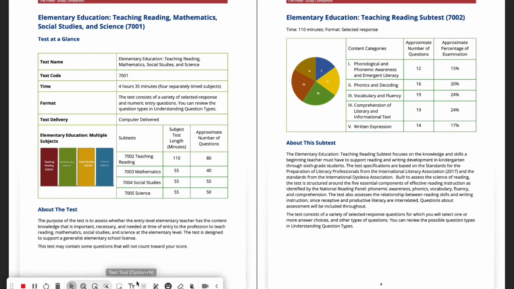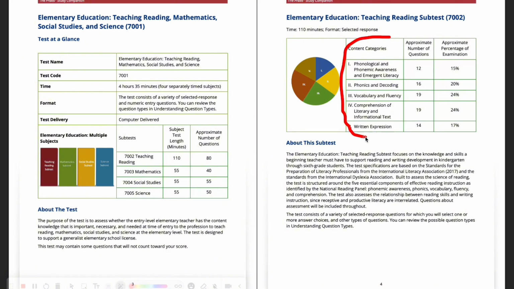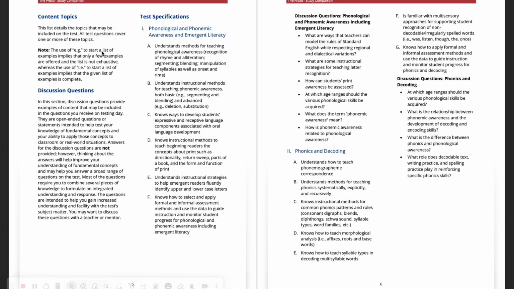Let's go back. Let's look right here. Let me get my red pen. Content categories, in relation to Teaching Reading subtest 7002. We want to look at these individual 1, 2, 3, 4, 5 content categories and then go to the next page, where these content categories are broken down and they're telling you exactly what you need to know in these individual content categories.